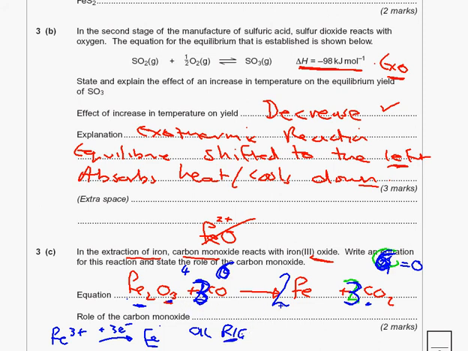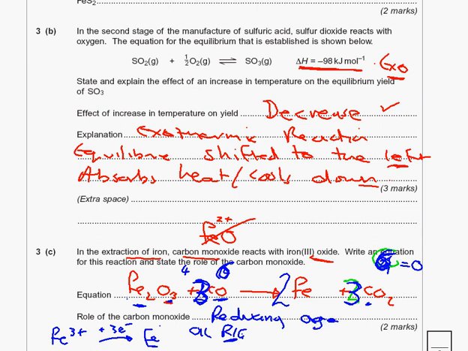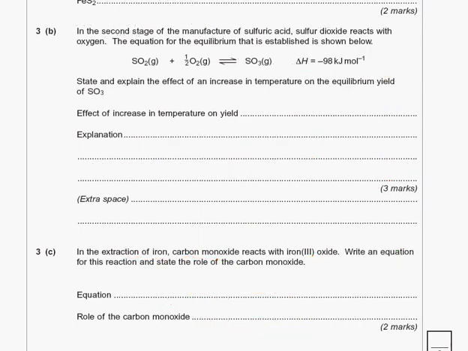So the iron 3 is being reduced. Carbon monoxide is a reducing agent because it causes reduction. Okie dokie. Next. There we go.